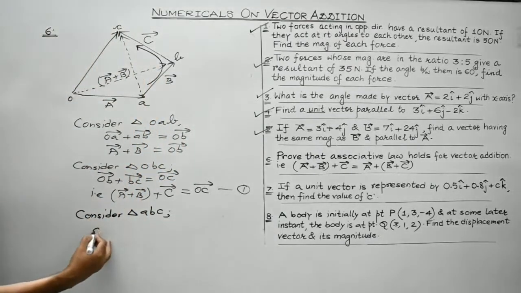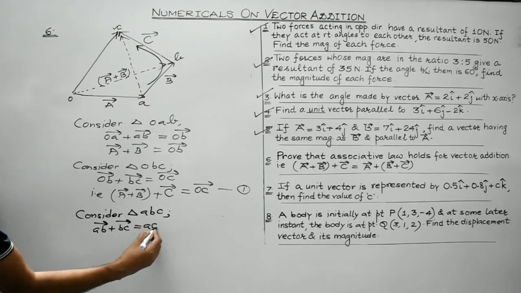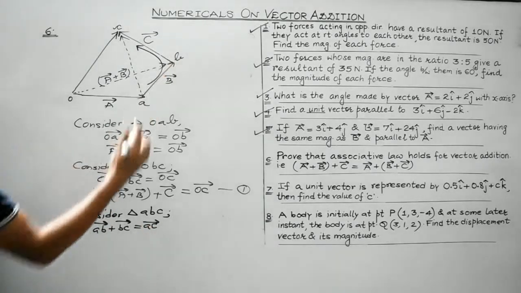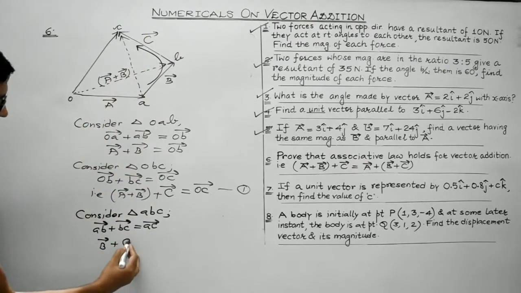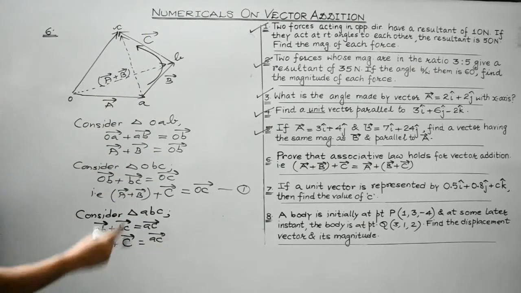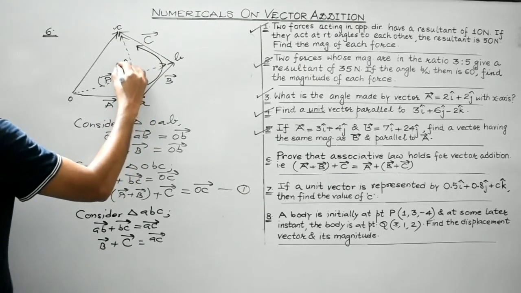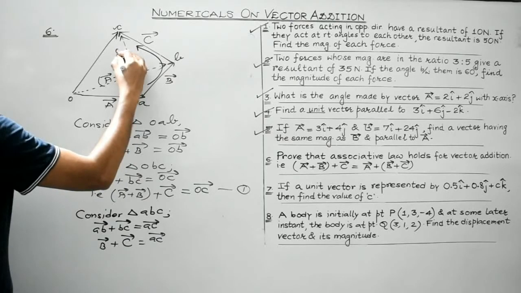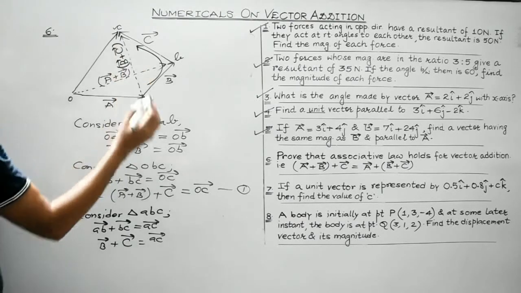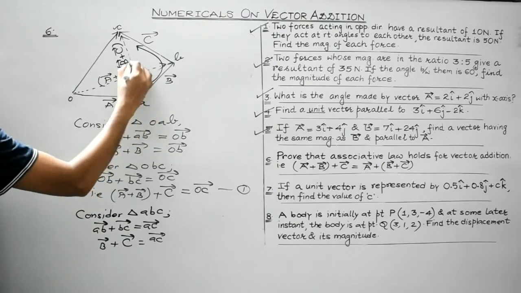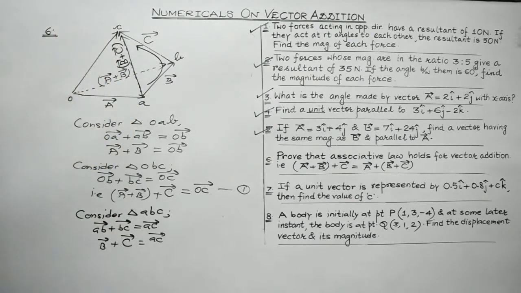So what you get is AB vector plus BC vector, it will be equal to AC vector. AB vector is B vector, BC vector is C vector, and it is equal to AC vector. So AC vector may be written as B vector plus C vector. Is it clear?